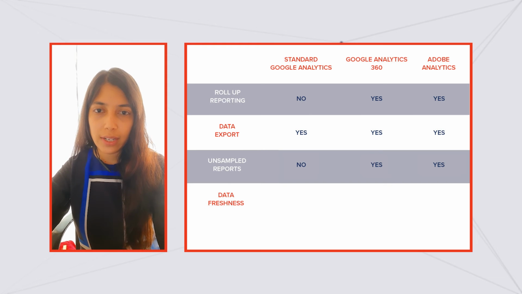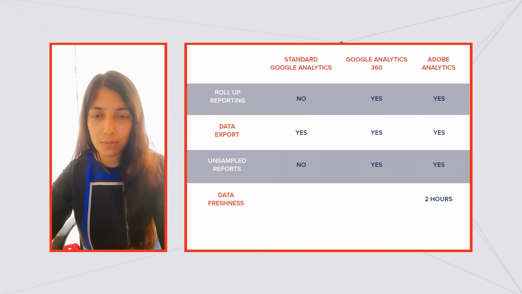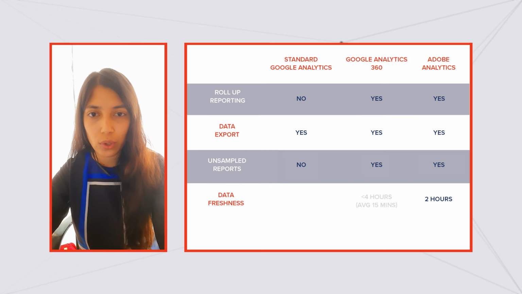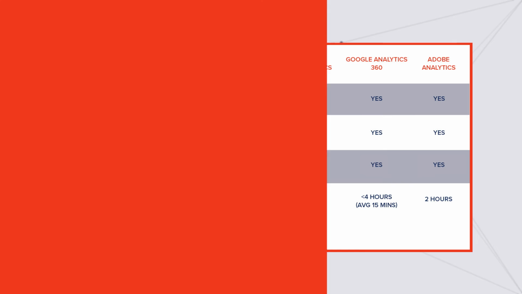Data freshness or data latency also plays a very vital role in any analytics tool set. So Adobe, I think, aces this game. The data freshness is 2 hours. With respect to GA 360, it's less than 4 hours. And with the standard version of GA, you get a data freshness or latency period of 24 to 28 hours.